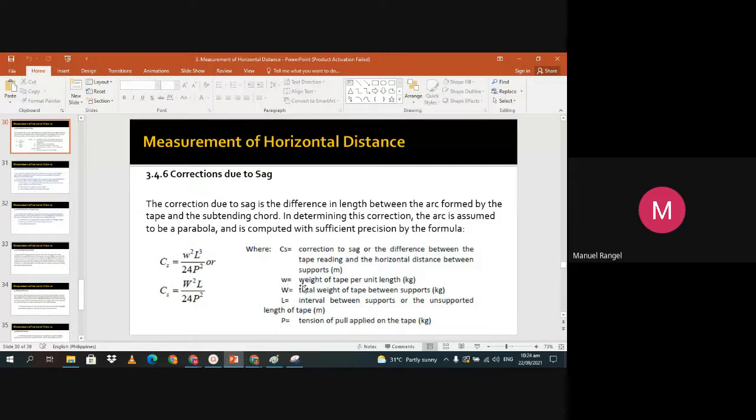So small w is weight of tape per unit length in kilograms. And big W is the total weight of tape between supports. Okay, so please take note of the difference of the two, and L is the interval between supports or the unsupported length of the tape.